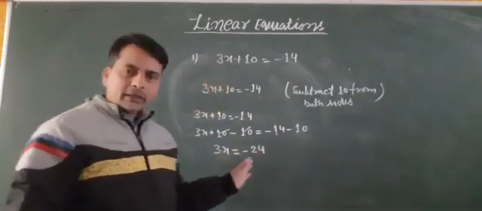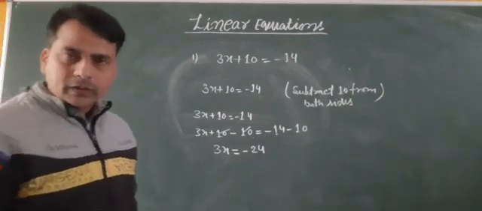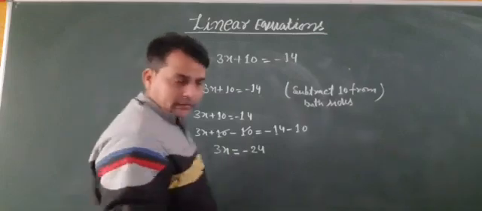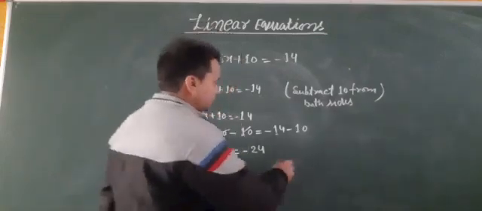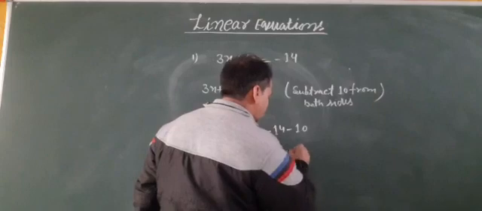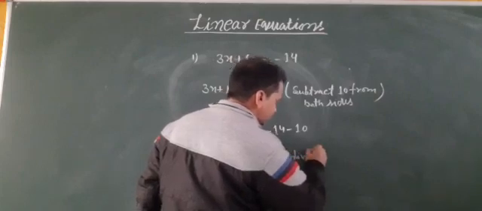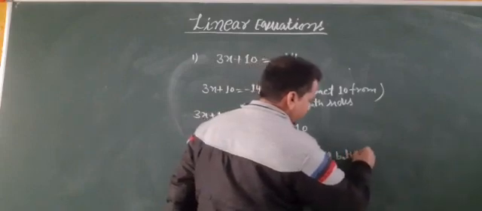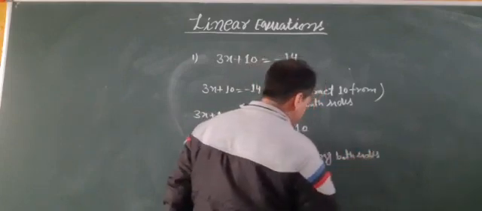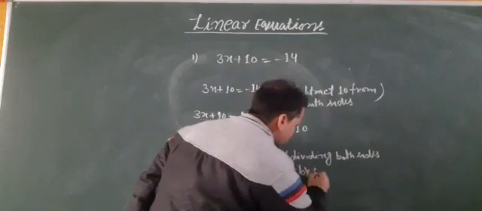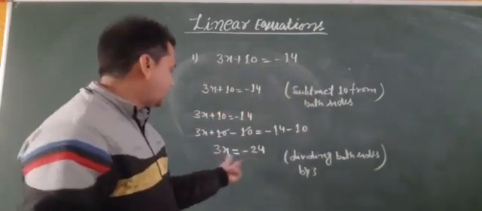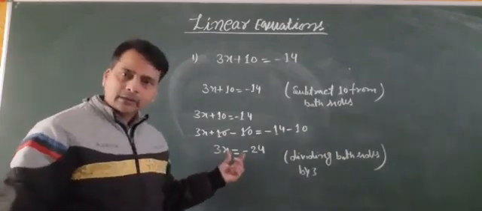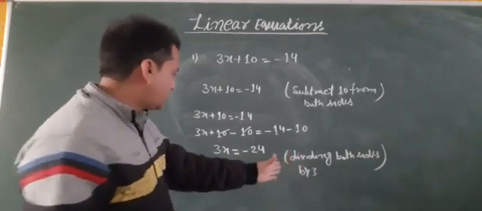Here the coefficient of x is 3, so dividing both sides by 3.